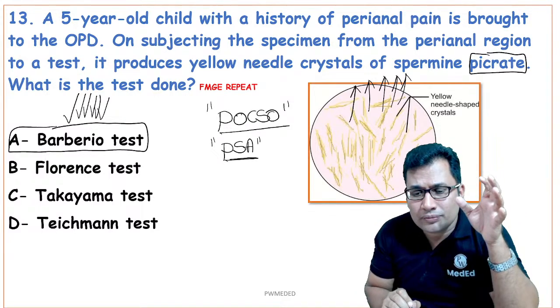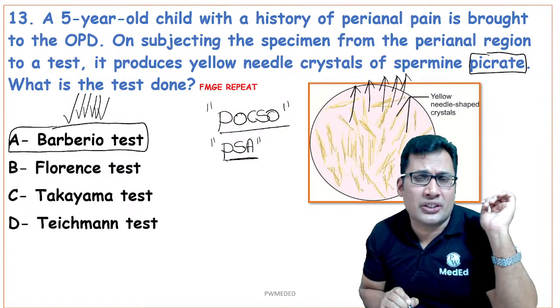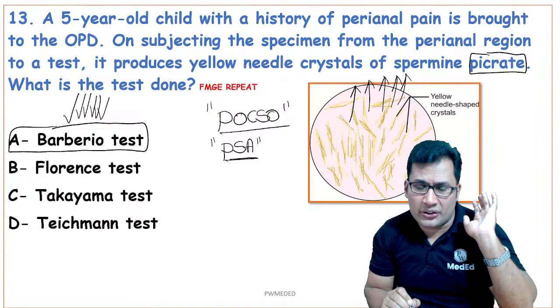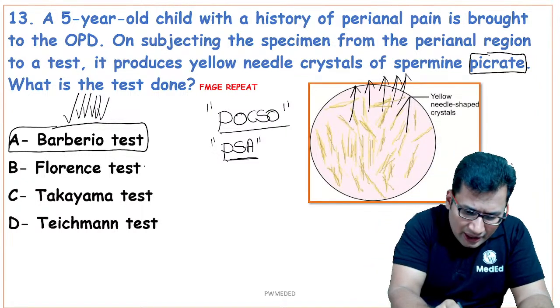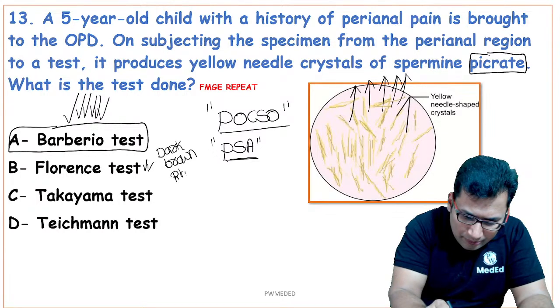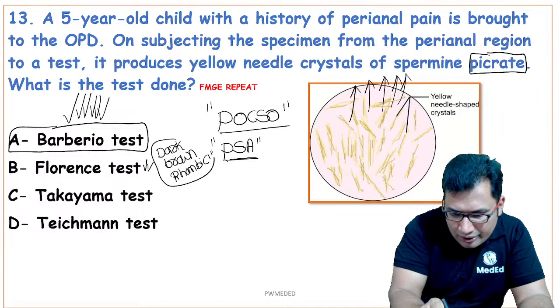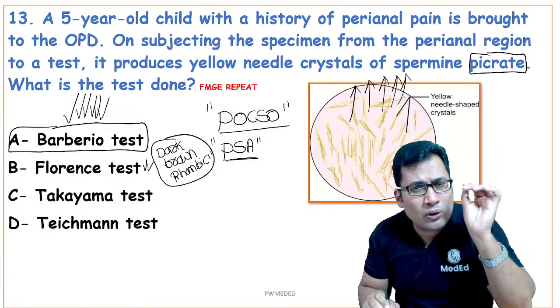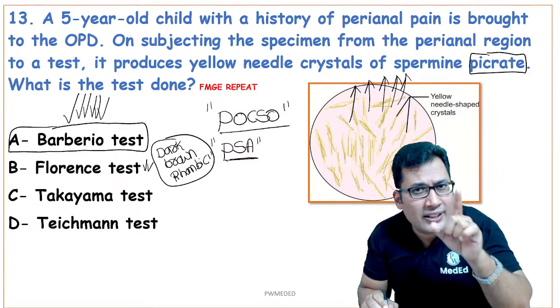Whenever you see yellow needle shaped crystals, your answer should be Barberio test. In Florence test, you will see dark brown rhombic crystals. In an upcoming exam, for seminal stain, if brown rhombic crystals are seen, Florence test is the correct answer.